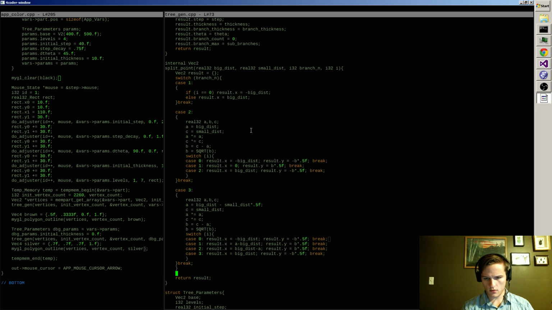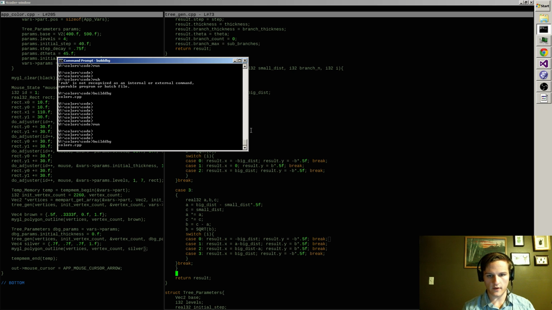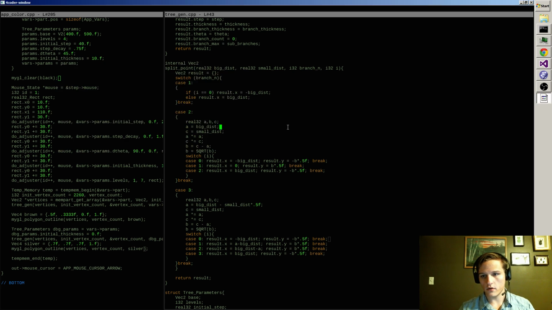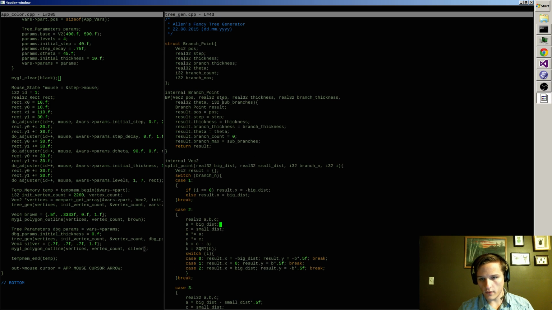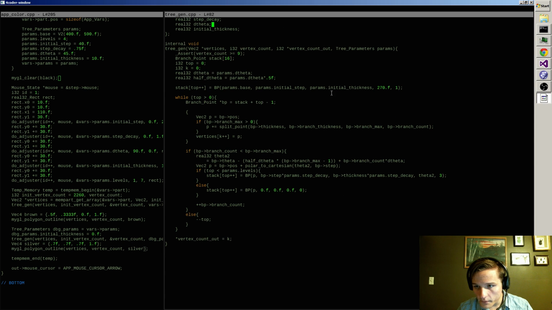So let's see what damage I've done to the list of errors. So I'll take 5 arguments. What does it take? 1, 2, 3, 4, 5, 6. Right, I have to go in and add the branch thickness stuff. Initial thickness, branch thickness.